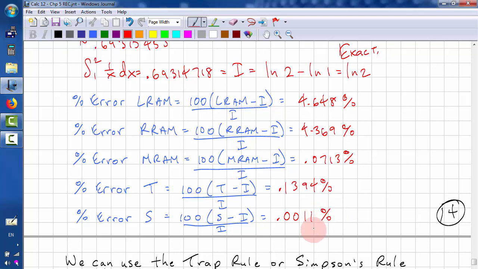Okay, that is fairly accurate. That is more than 1,000 times better than these two estimates. It's still 70 times better than MRAM. So you can see we get very accurate results with n only equal to 8.